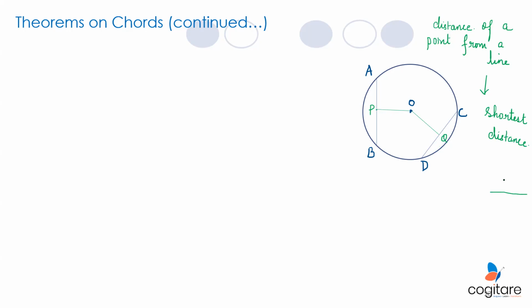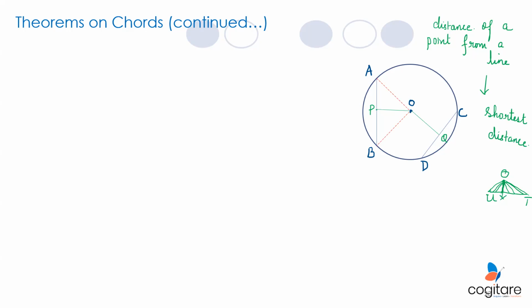We took a line, we took a point somewhere, an arbitrary point, and we tried connecting the line and the point in various ways, and then we figured that of all those lines that can be used to connect a point O to a line UT, let's say, the one that is shortest is the one that is perpendicular, right? Okay. So what can you say about OP and OQ if AB and CD were equal?